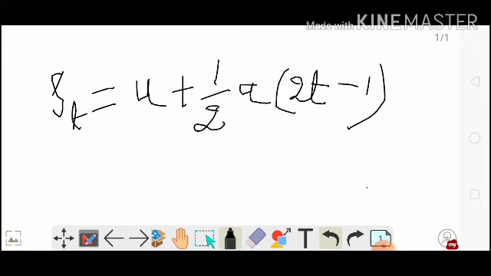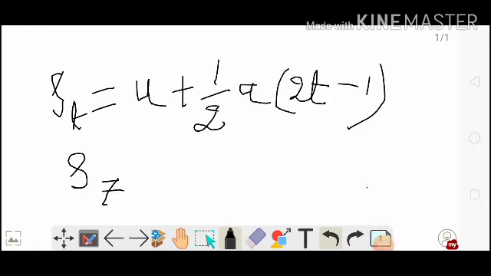So if you can calculate how much the object covers in the 7th second, the time interval is 1 second. Remember that the time interval is 1 second. So how will you write this equation? To get the value of displacement at the 7th second, you will write S suffix 7.